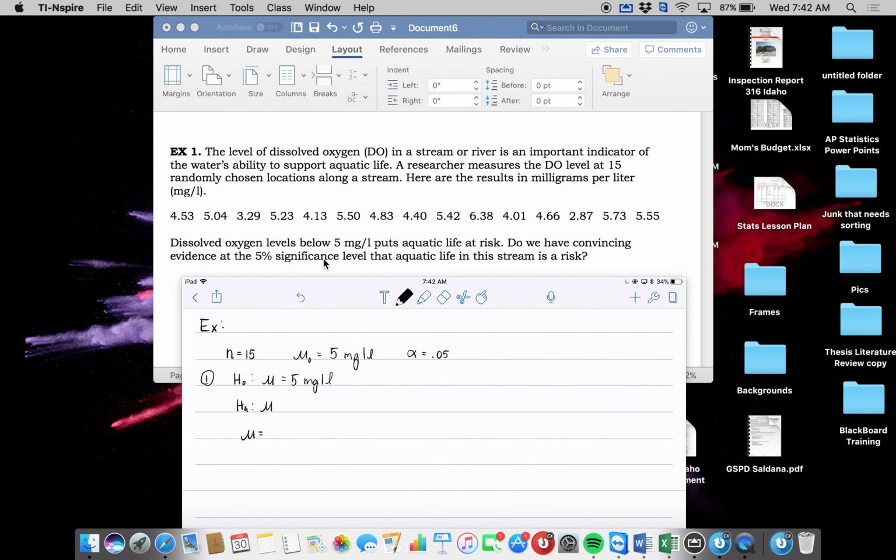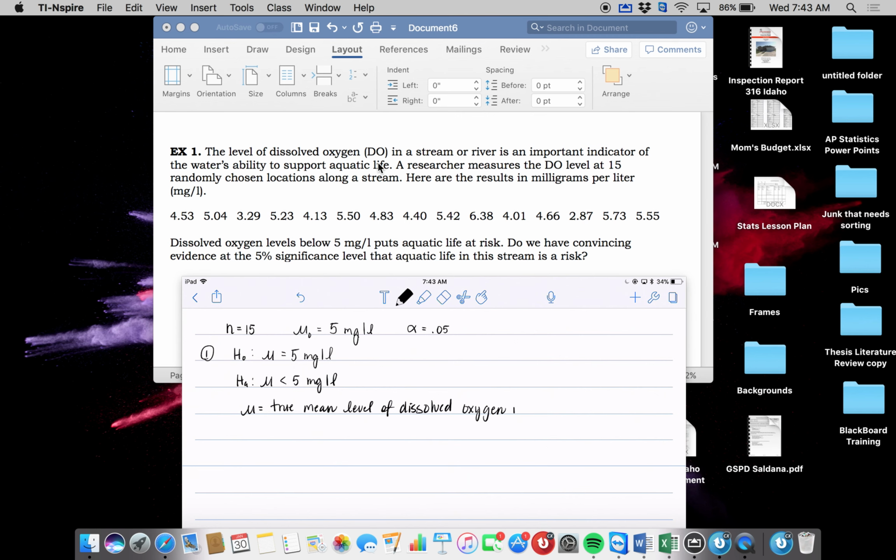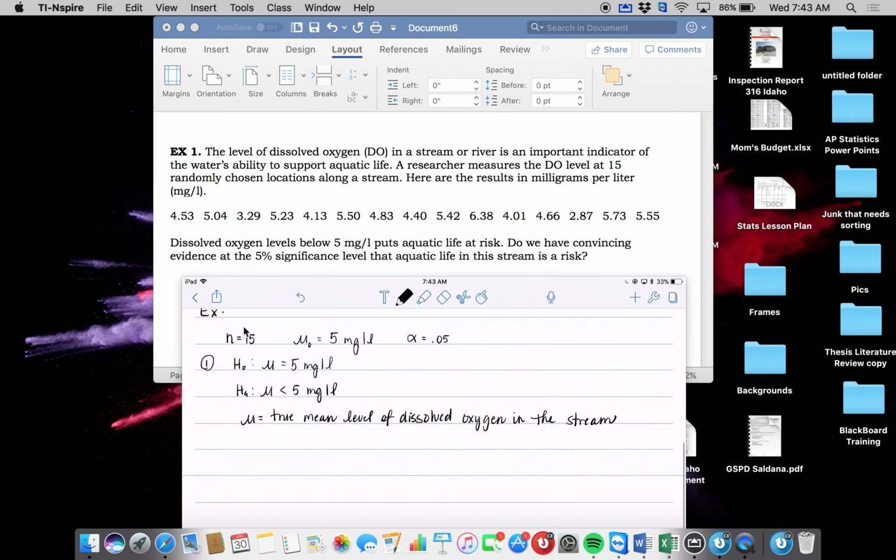So your alternative hypothesis is mu is less than 5 milligrams per liter, where mu is talking about the true mean level of dissolved oxygen in the stream. And we have everything in step 1.